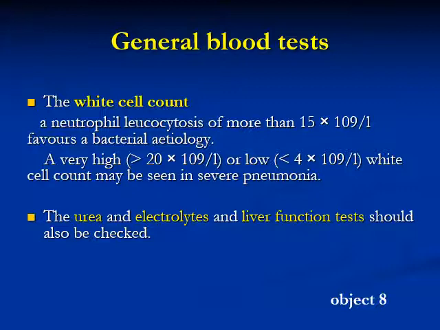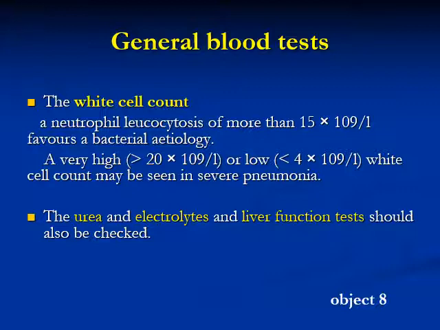Another test is the general blood test. The patient will have a complete blood count. There will usually be leukocytosis, neutrophilic leukocytosis, especially in patients with acute pneumonia. In pneumococcal pneumonia or other pneumonia, there is leukocytosis. The WBC may become more than 15,000, and sometimes very high in severe pneumonia, or in very severe pneumonia it becomes low, developing leukopenia.